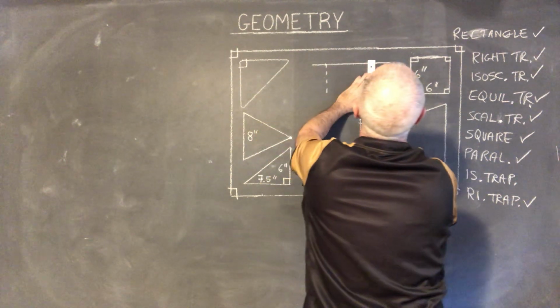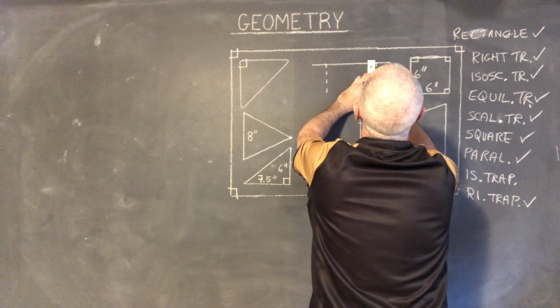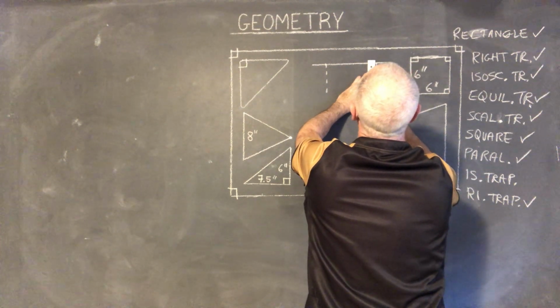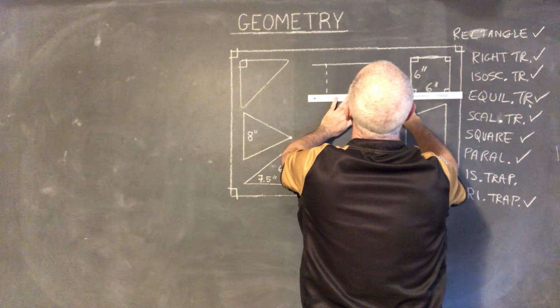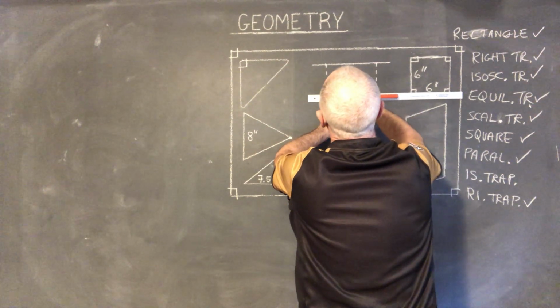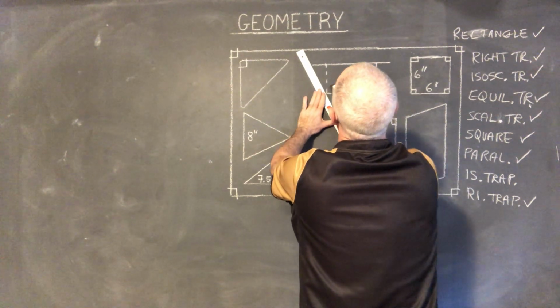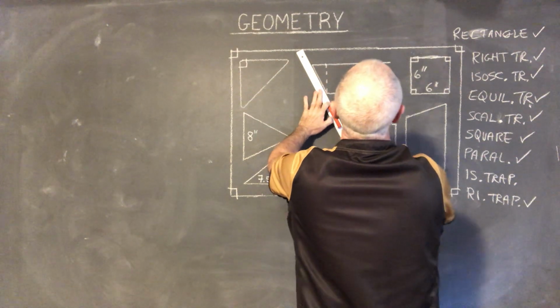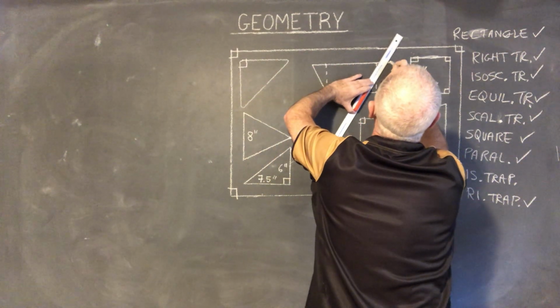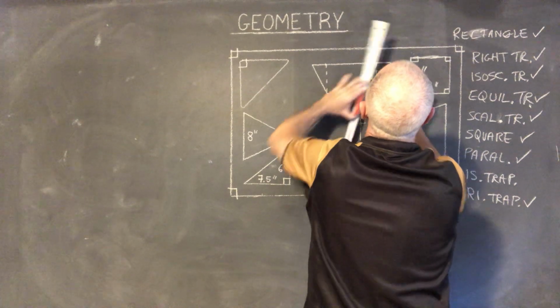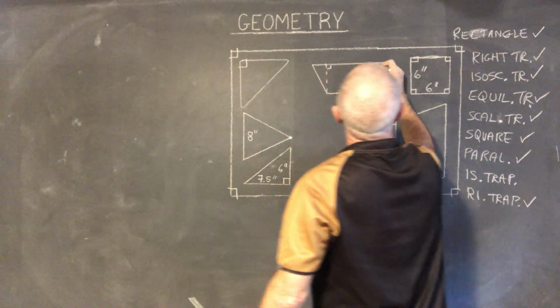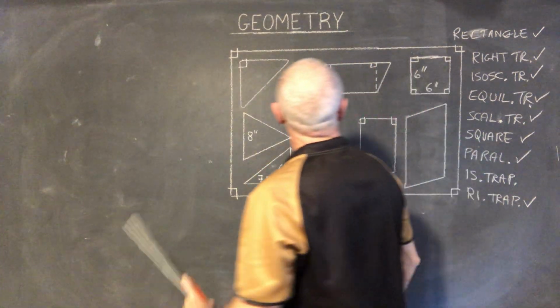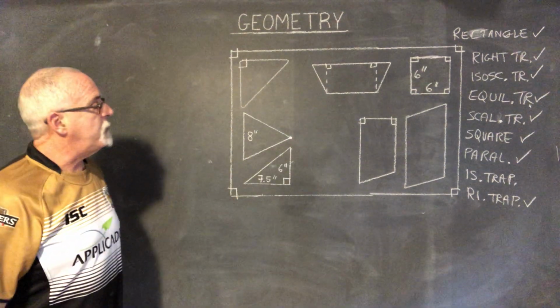That should be good. I'm going to do this. And do this. It's a little sloppy looking. There. Put little right angle symbols. We have an isosceles trapezoid. It's not the best drawn one I've ever seen.